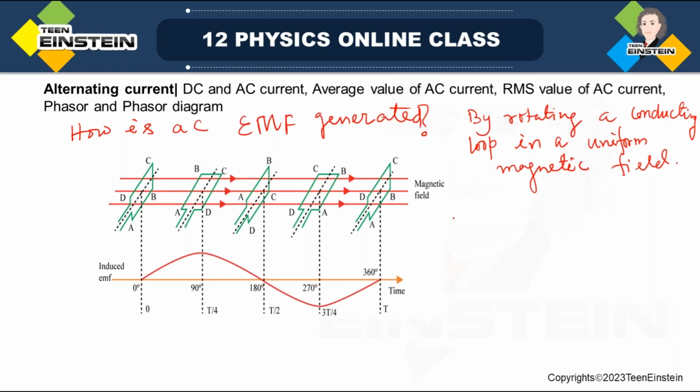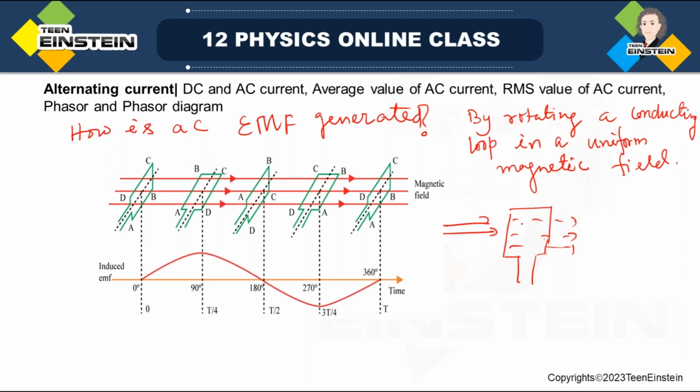How do you know? See, if I have a uniform magnetic field and you have a loop like this, as you see in the figure, there will be flux linked with this. Flux means the number of field lines passing through the area of this loop perpendicular to the plane of the area.